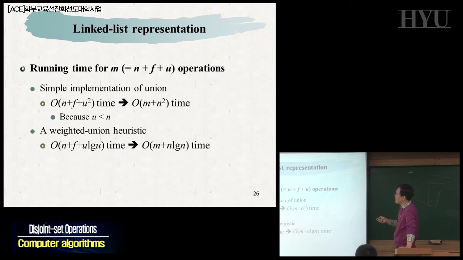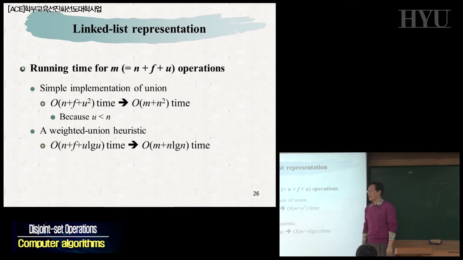Then let's analyze the running time for m operations. We have assumed that we have n members, F find set operations, and U union operations.